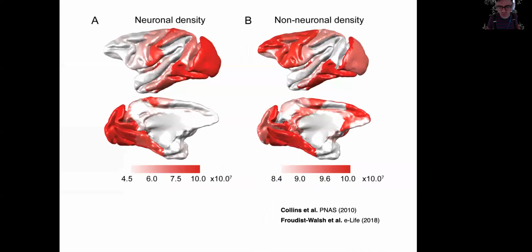And this has been recently replicated in macaque in a paper published in eLife in 2018, where you can see that the neural density is decreasing as you're going towards the frontal pole. So it's really something that exists. So less neurons, less myelin, more complex function, how does it work?